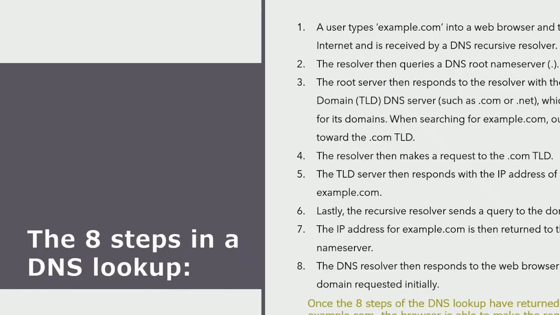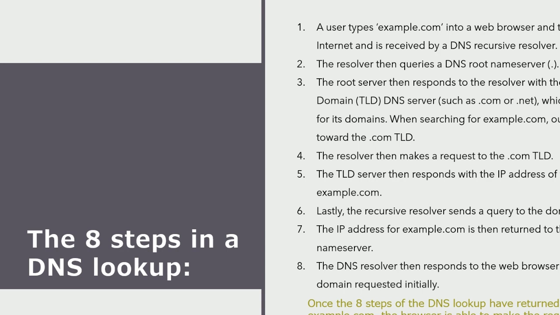To understand better how DNS works, I explain it very briefly in 8 steps. Step 1, a user types example.com into a web browser, and the query travels into the internet and is received by the DNS recursive resolver.